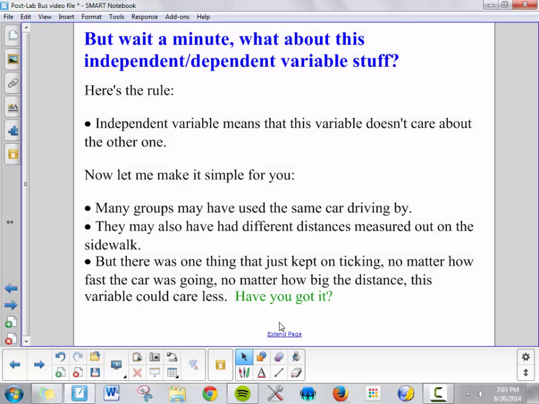Many groups chose different distances. But the one thing that was always the same, no matter how fast the car would go, no matter how big the distance, would be time. Time always marches on. Time is completely independent of the car you chose, the distance the car was traveling. It does not matter. Time always moves on. And in this case, time would be the independent variable.